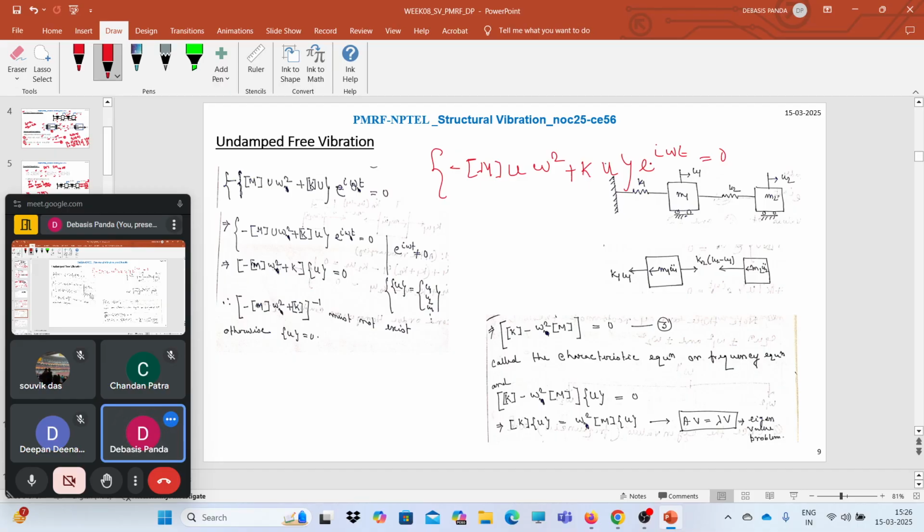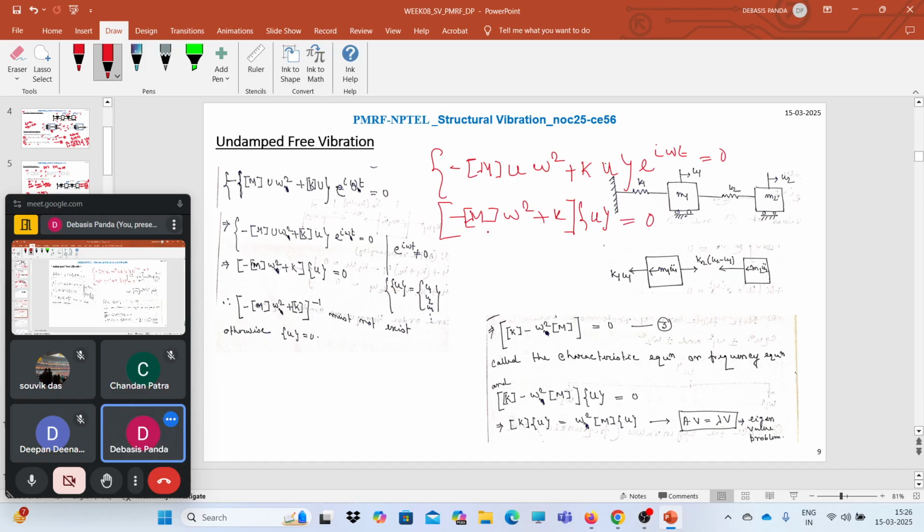Now obviously e to the power i omega t cannot be 0, because it is also one of the solutions of the equation. So what are we left with? We are left with the term minus m omega square plus k, taking u common, times u is equal to 0.